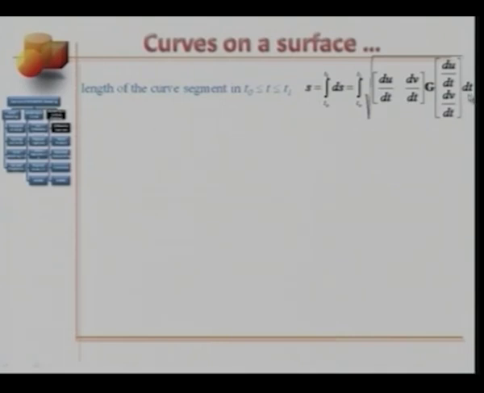So this dt appears outside this square root sign.